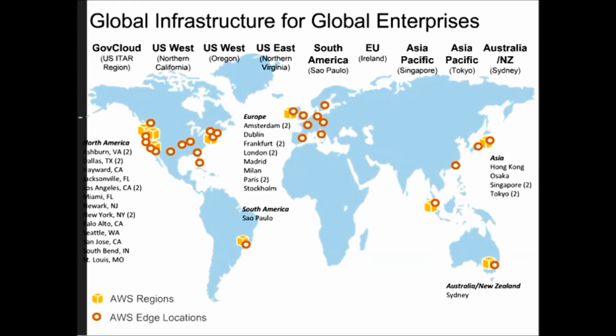And this is a pretty gratifying chart for us to look at, because we've been growing very quickly. So over the course of even just the last several months, you've seen us continue to introduce new infrastructure footprint, and we'll continue to grow that footprint over time.